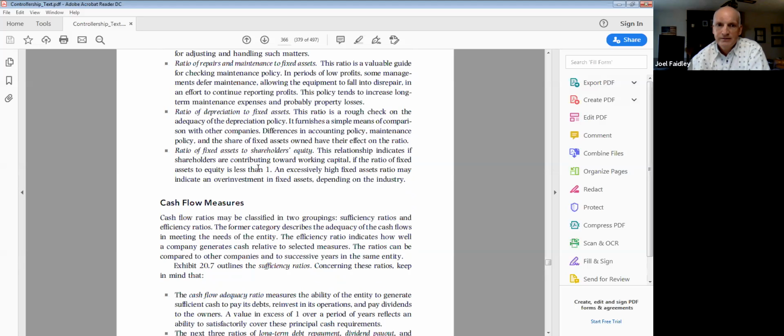Ratio of depreciation to fixed assets. Ratio of fixed assets to shareholders' equity, it's unlimited. Of course, once you get it set up, your formulas, if you're doing this in Excel, most financial systems probably generate this for you, but sometimes companies have their own specific ways. They don't want to just use a vanilla software package.